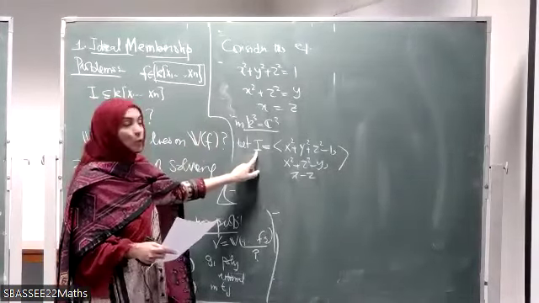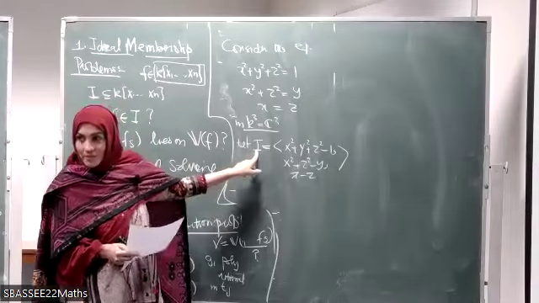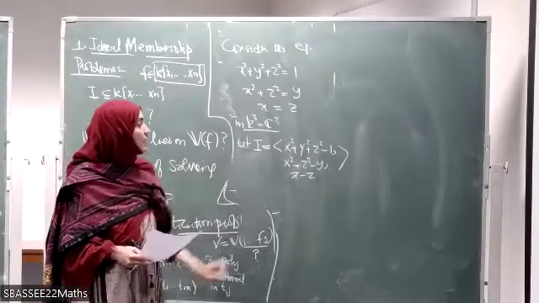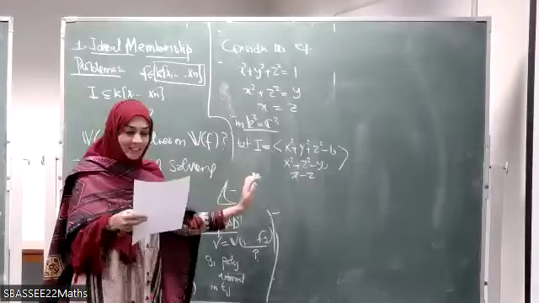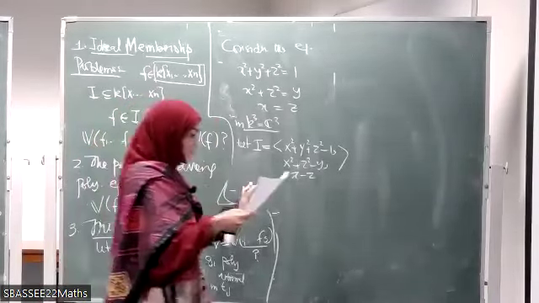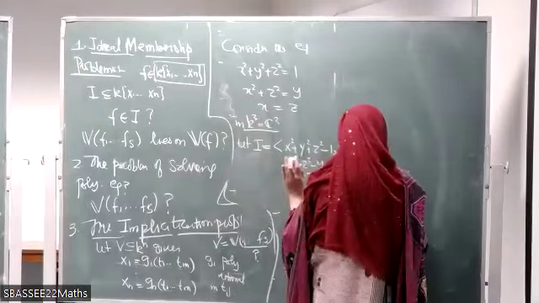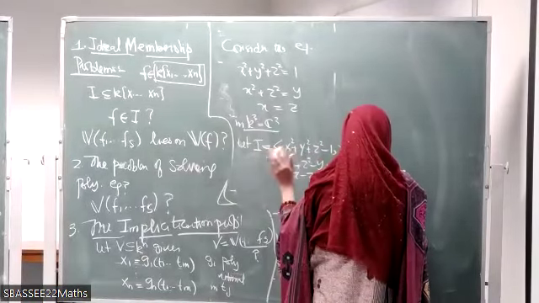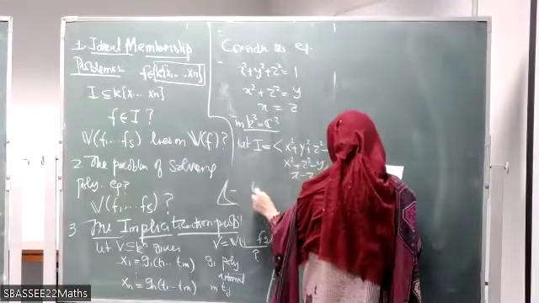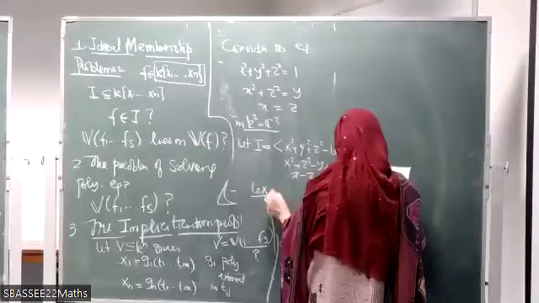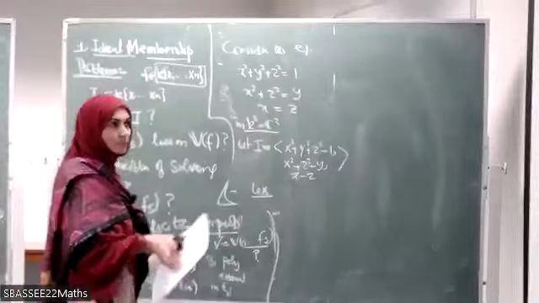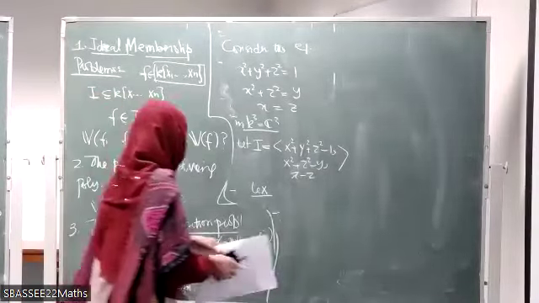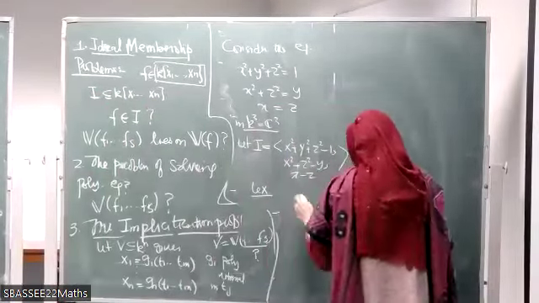Now I will calculate the Gröbner basis of this ideal, which I am skipping at this moment, but I am just writing the Gröbner basis. I will use here the reduced Gröbner basis of I. You can check later, maybe using this online software, whether it is true or not.